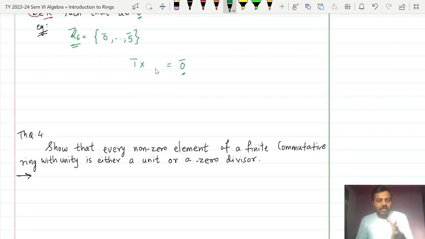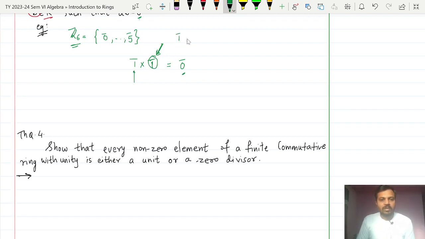So one by one we will check. We are putting different values of this element here so that we will get 0, right? And if we are able to get 0 for some non-zero element here, then that will prove that this 1 bar is a zero divisor.